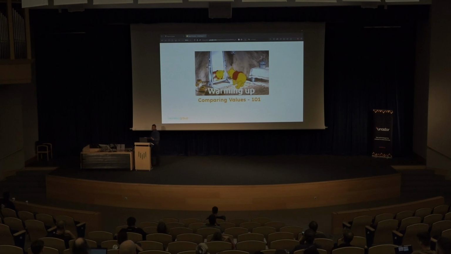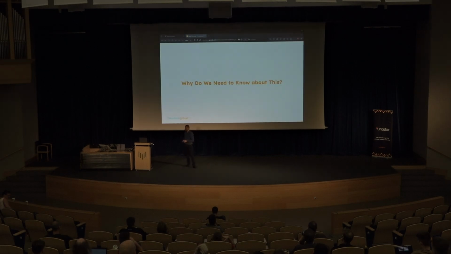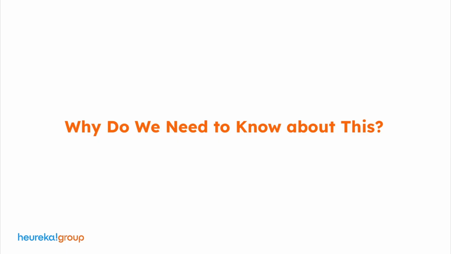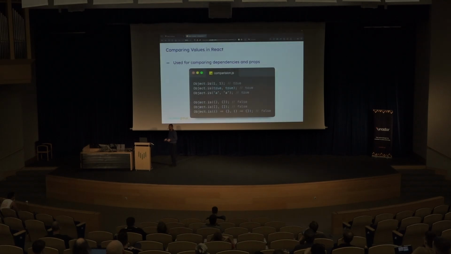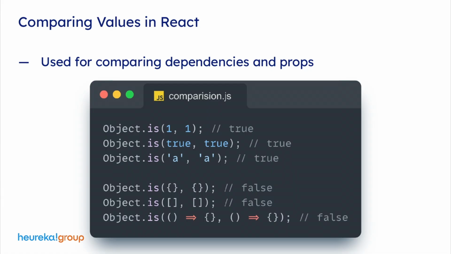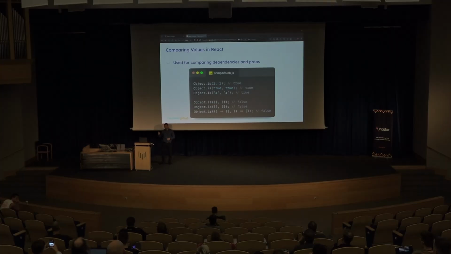But still, we have to take a small warm-up about comparing values. Why do we need it? Because it's JavaScript, and it's tricky. Maybe it won't be anything new for you, but let's recap comparing values in React and JavaScript.